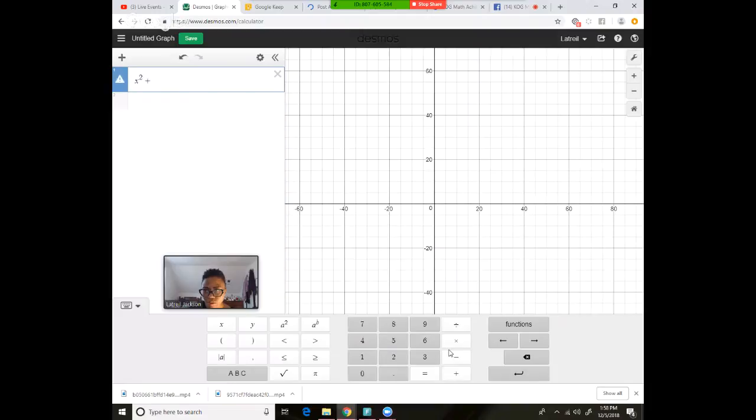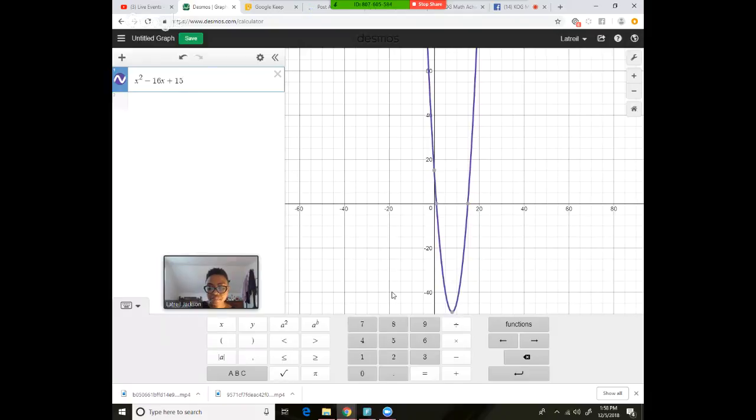Is it plus or is it minus? It's minus. So press minus 16x. You can press x on your keyboard as well. Plus 15. Okay, that was pretty simple, right?